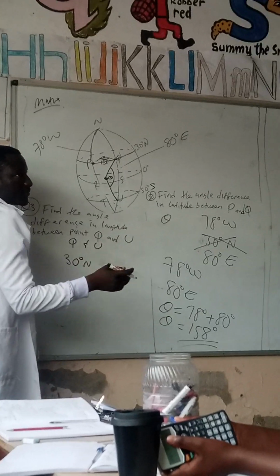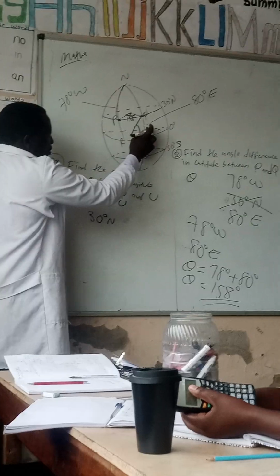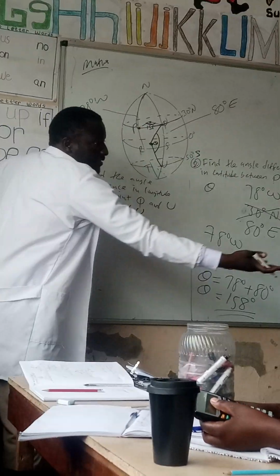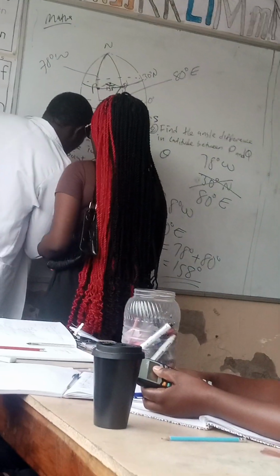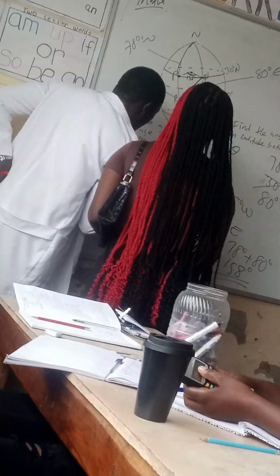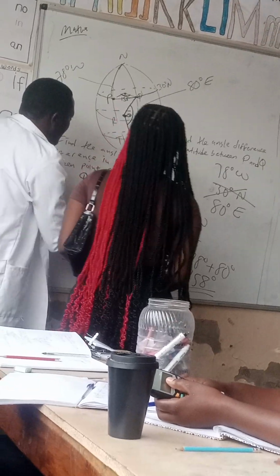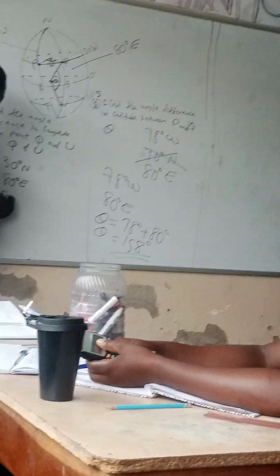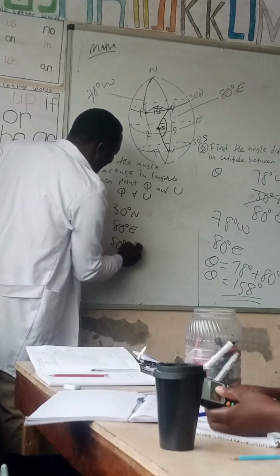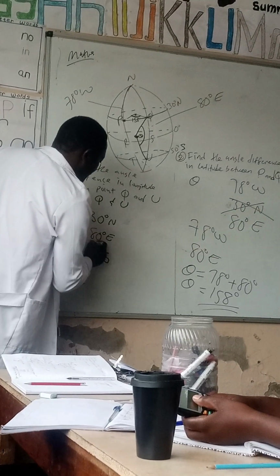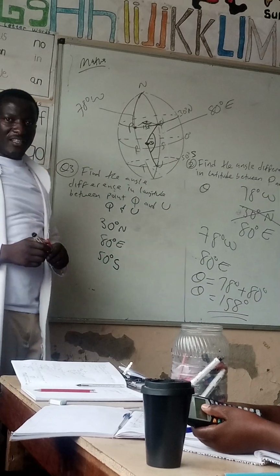I can also see 80. And 50 degrees. That's south, right? Okay. So 30, you know what to do.